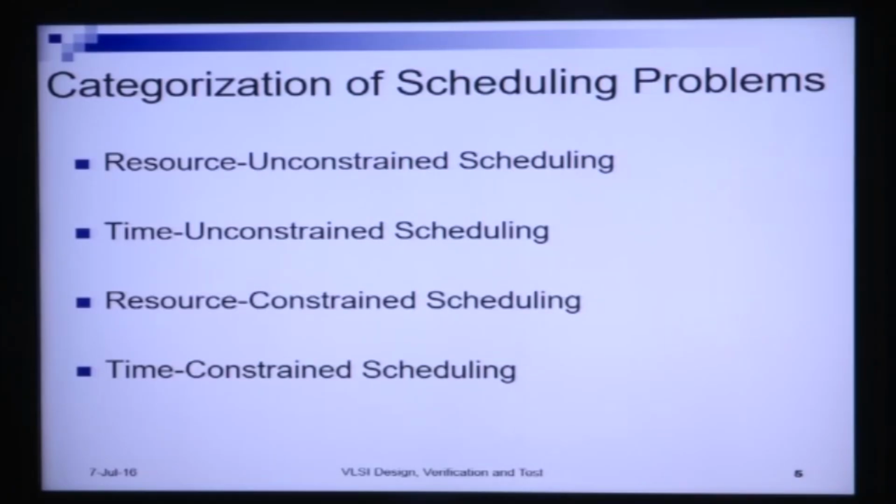The second one is time unconstrained scheduling, where performance is not an important factor. We want to take as few resources as possible, and delay is not a matter to us. So typically such circuits or chips we would like to be very small in size.